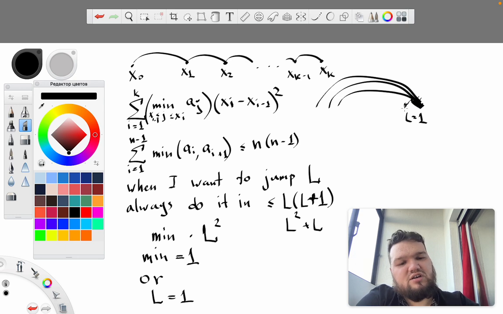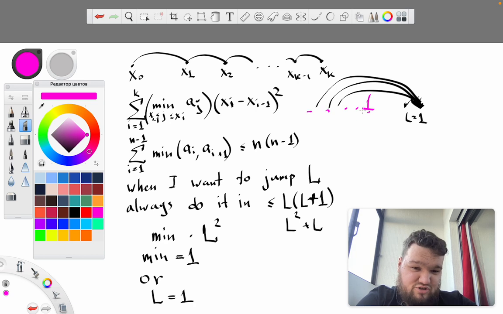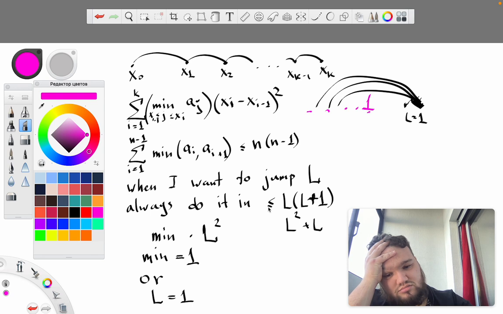So I will find the closest one to the left of me, and now from all the positions to the left of this one included, I can make jumps that will cost me just square lengths. Oh wait, this is not true.